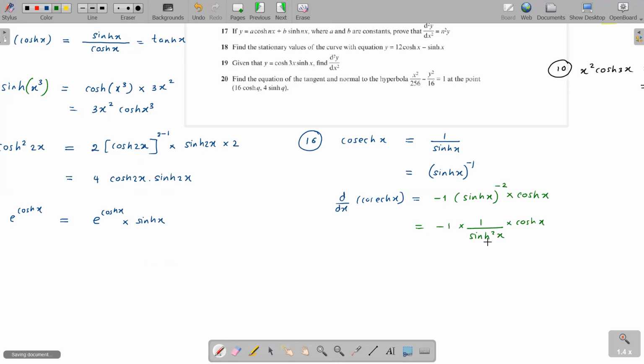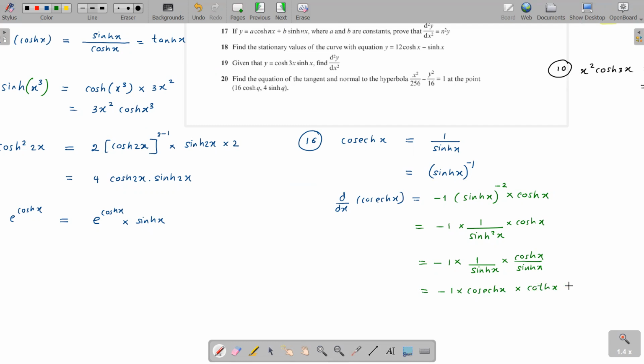Into cosh x. Then let's break it: minus 1 into, shall I break the sinh square x as 1 over sinh x into cosh x over sinh x? It's sinh square, so I have 1 over sinh x into cosh x over sinh x, and I end up with the sinh square x again, right? So 1 over sinh x is cosech x. Cosh over sinh is coth x.